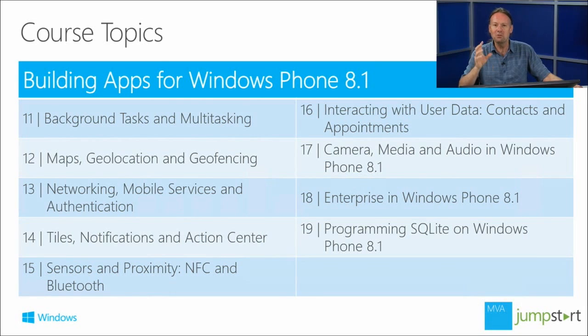Loads of cool stuff: new background tasks, maps and geofencing, networking and authentication, the web authentication broker, a super story around tiles and notifications, cool new stuff in NFC and Bluetooth, the email with attachments module, otherwise known as contacts and appointments, and absolutely awesome video editing and camera stuff. We had a guest in, Matthias Hoekstra, who talked us through the enterprise story for Windows Phone 8.1. Awesome story there as well. And then we rounded up with a short session looking at how you could use SQLite.